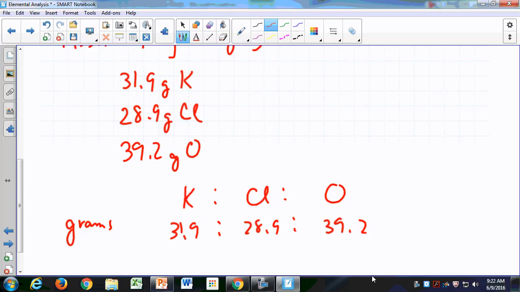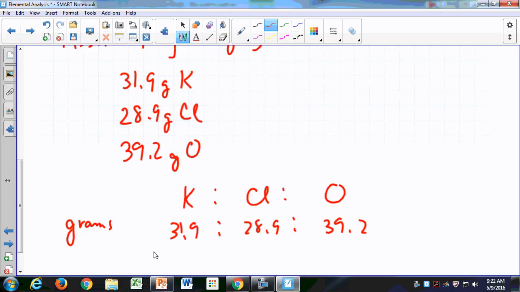Now you might be tempted to reduce these numbers to small whole numbers by dividing by the smallest of these. That's not going to work because these are still in grams. Remember, to find the empirical formula you need the information in moles, or counts. So it's the mole to mole to mole ratio that you have to reduce to the smallest possible whole numbers. We need to convert each of these into moles first.